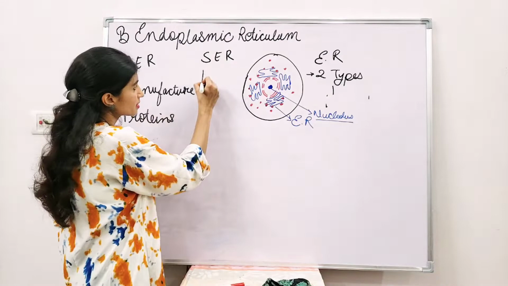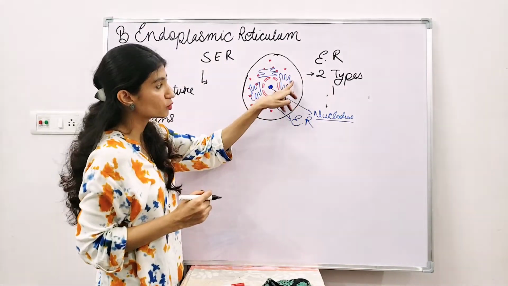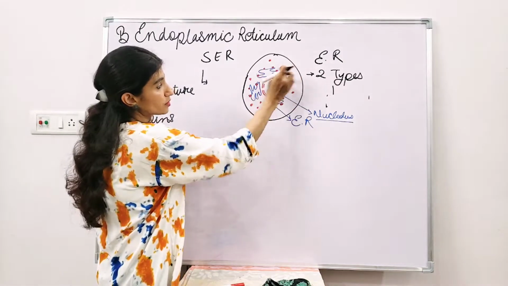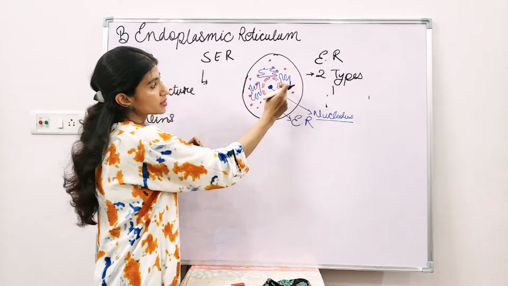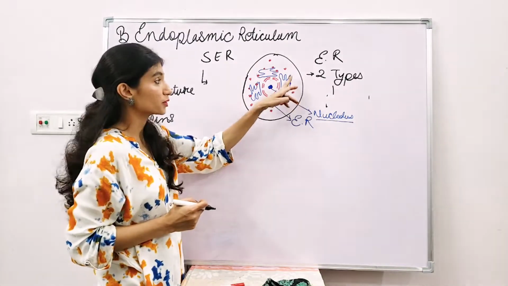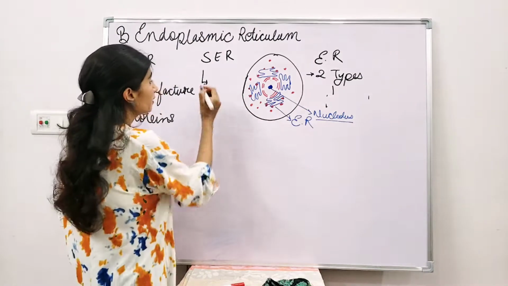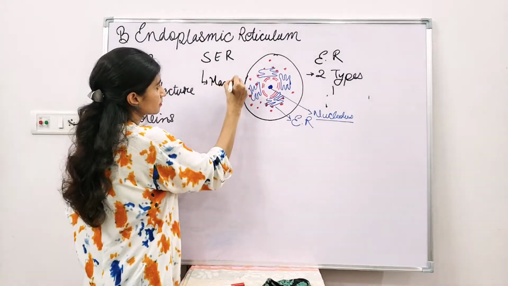Whereas SER, the smooth endoplasmic reticulum, the red dots are the ribosomes. This blue sac-like structure is your endoplasmic reticulum. So this smooth endoplasmic reticulum that does not have ribosomes present on it actually manufactures.